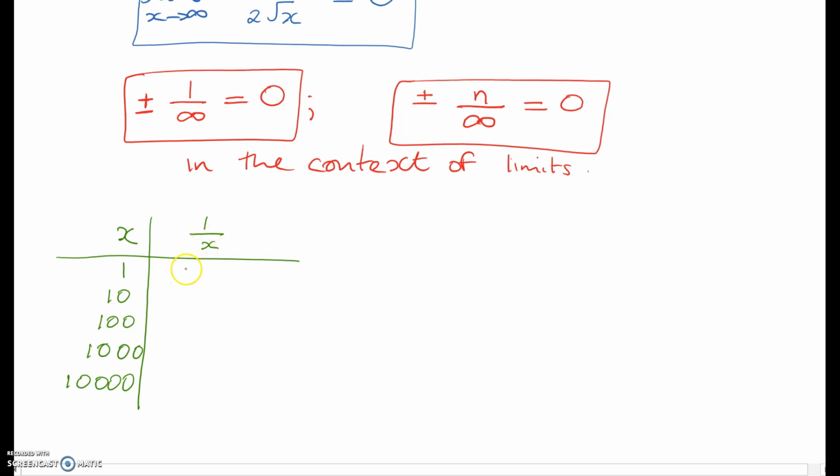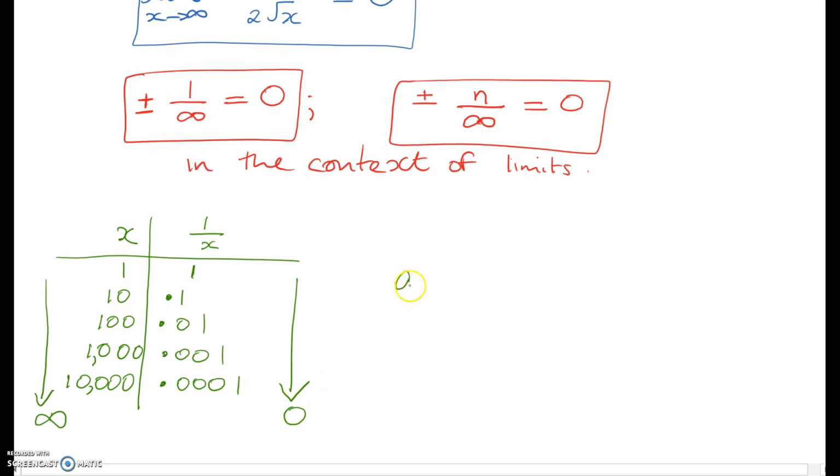Well, 1 over 1 would be just 1. 1 over 10 would be 0.1. 1 over 100, 0.01. 1 over 1000, 0.001. 1 over 10,000, 0.0001. And we can see that as x approaches infinity, 1 over x is approaching 0.